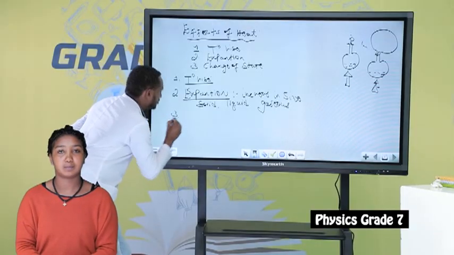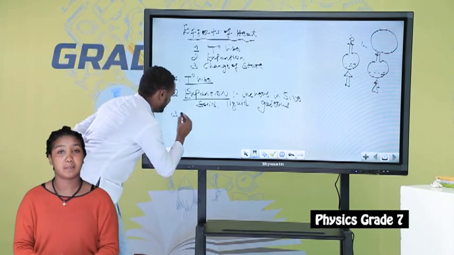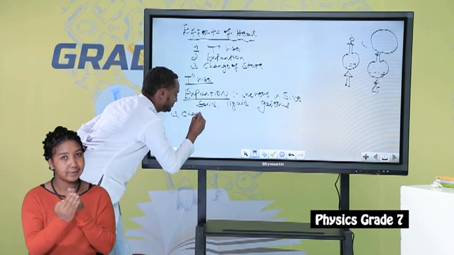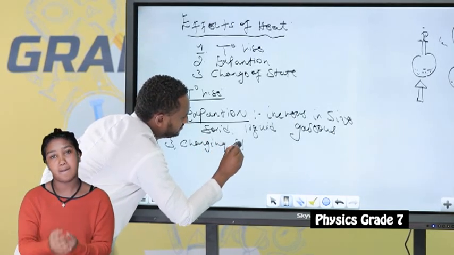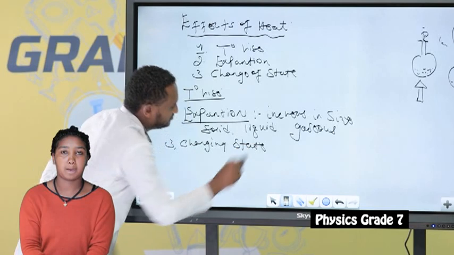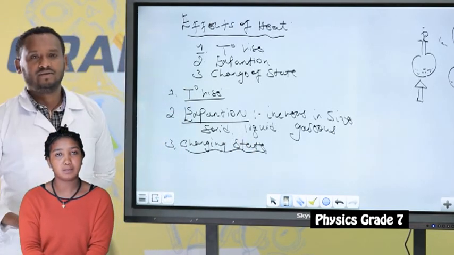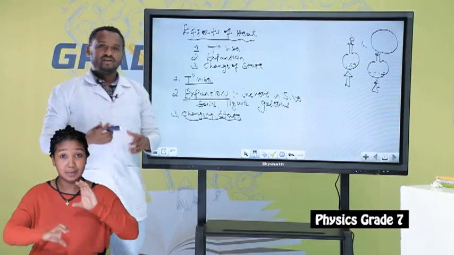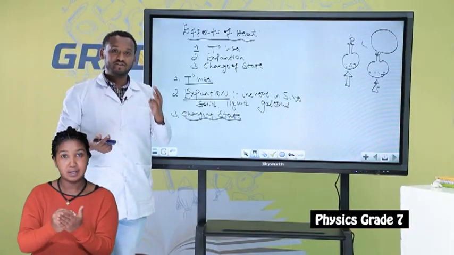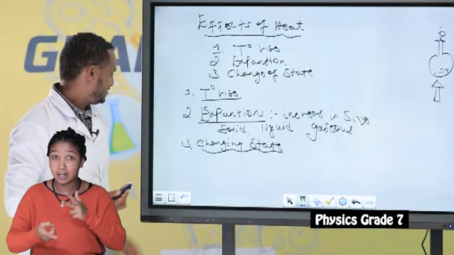The third effect of heat is changing state. Students, as you learned in chemistry lessons, substances exist in three forms: solid, liquid, and gaseous state.